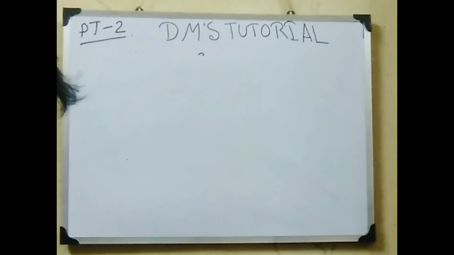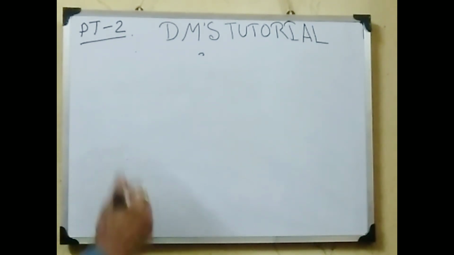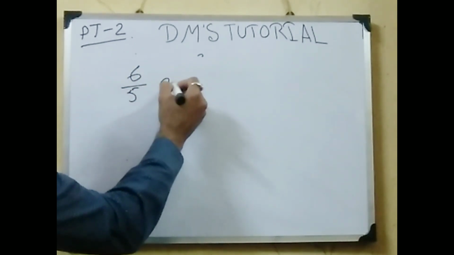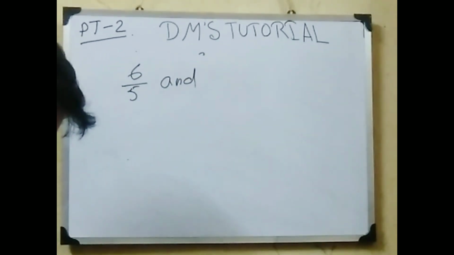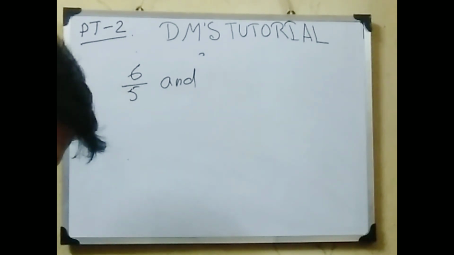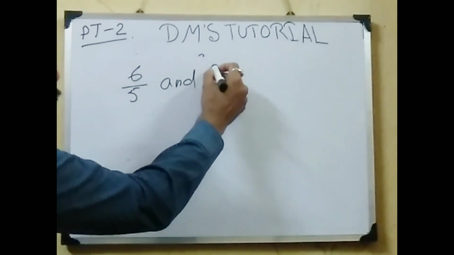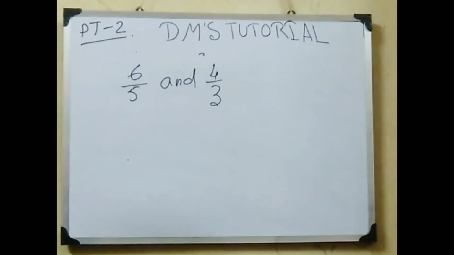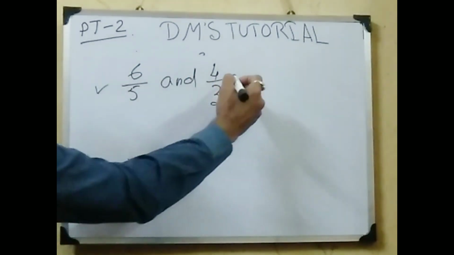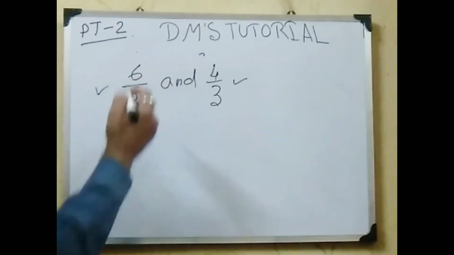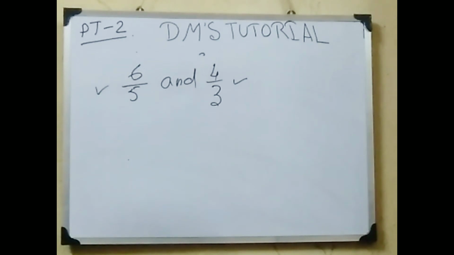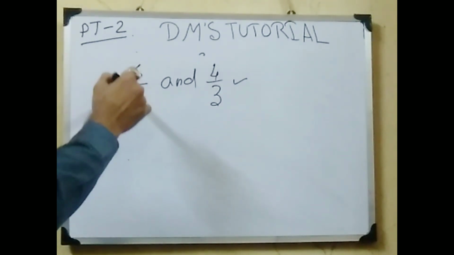Secondly, I am taking another example: 6 by 5 and 4 by 3. Look at these numbers. 6 by 5 is in the standard form of a rational number because there is no common factor of 6 and 5.